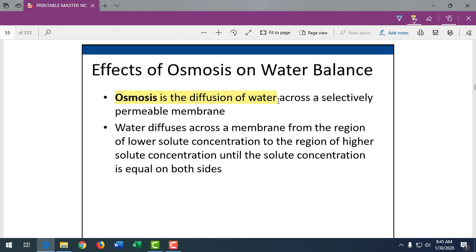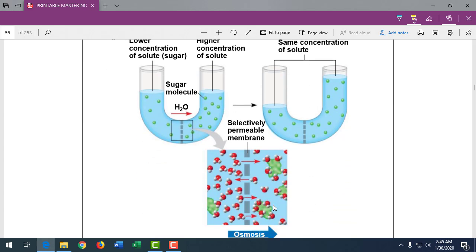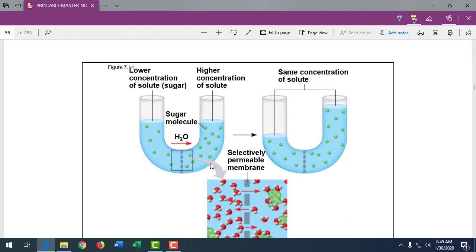When water diffuses, it acts to dilute a concentrated space. So it's going to go from a low solute concentration, a dilute space, to a more concentrated space. If we look at this example, where is there more solute, on the right or left of this U-shaped tube?